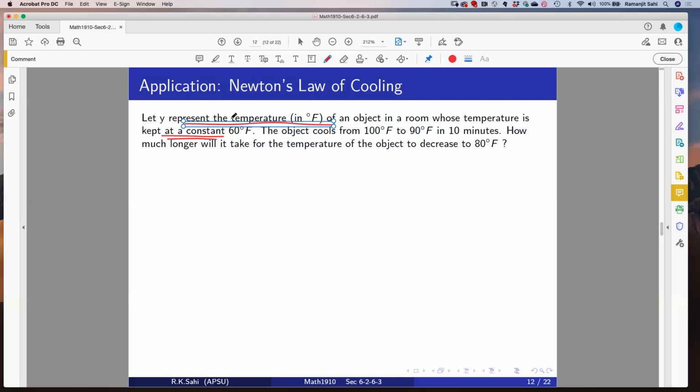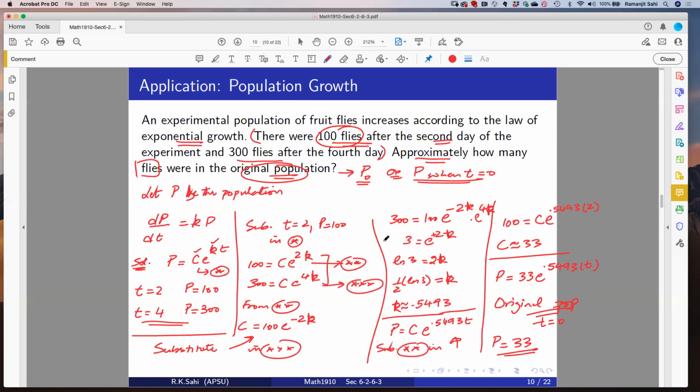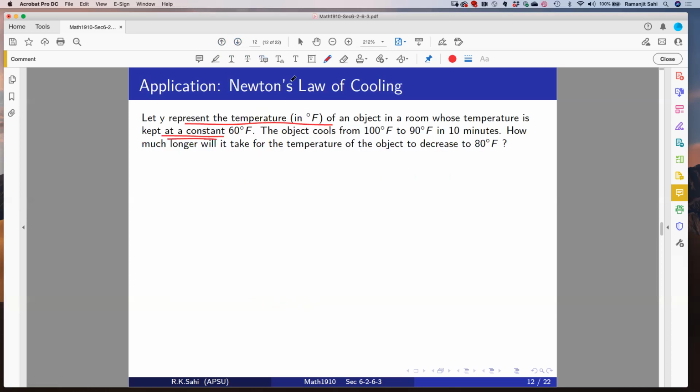Y is representing the temperature of an object, which is put inside a room which has a constant temperature of 60° Fahrenheit. Remember, according to Newton's law of cooling, we look at the temperature of the surrounding medium, so this 60° Fahrenheit is the temperature in the room.